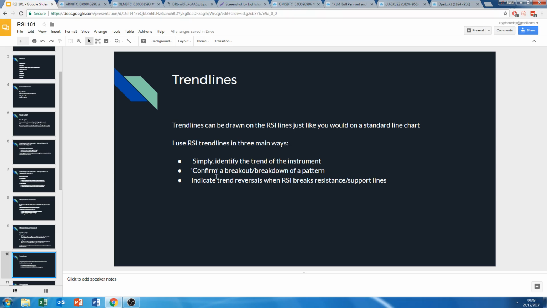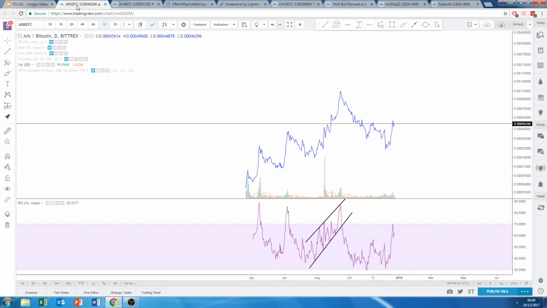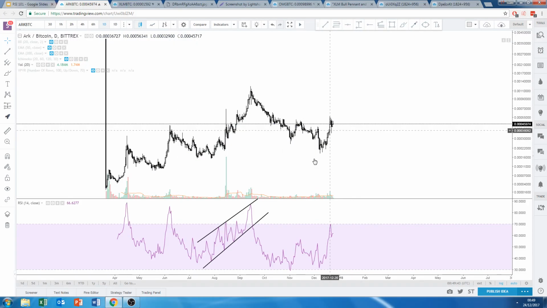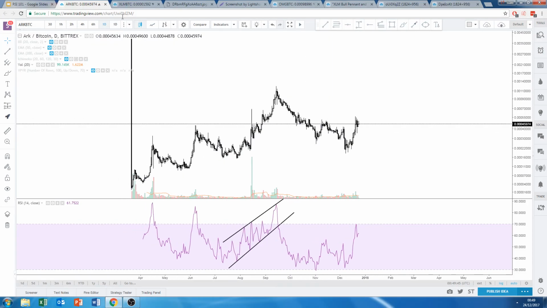Let's quickly look at how you could confirm a breakout or breakdown of a pattern using RSI. So this isn't the best example, but I just liked how powerful it was. This is on the daily chart with ARK, and you can see there's a really clean textbook ascending channel on ARK. And if you look at the price, this is sort of where it takes us on this journey up.